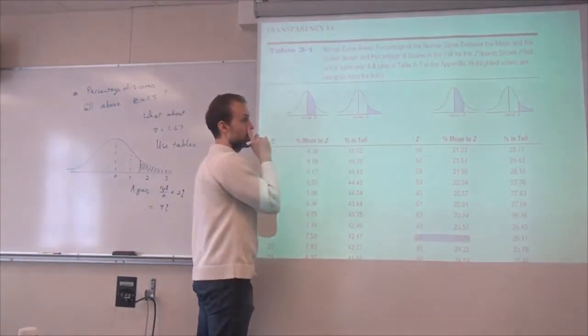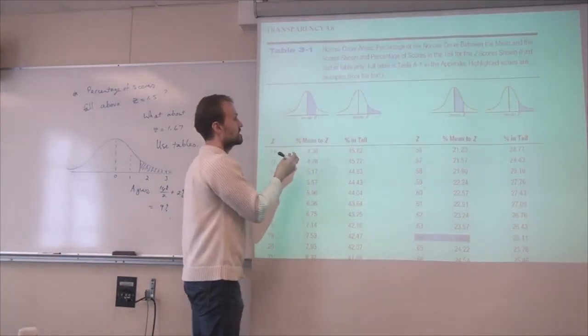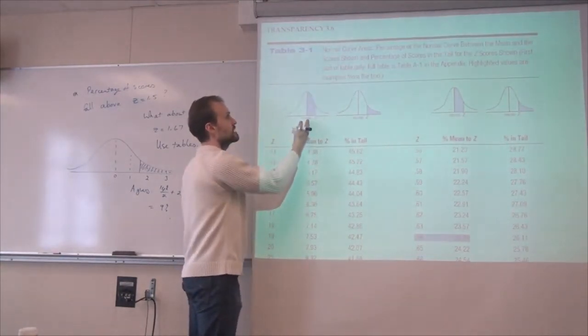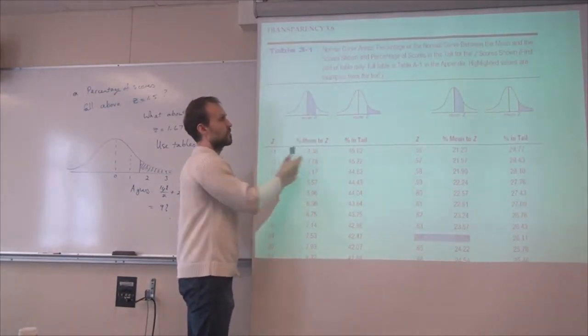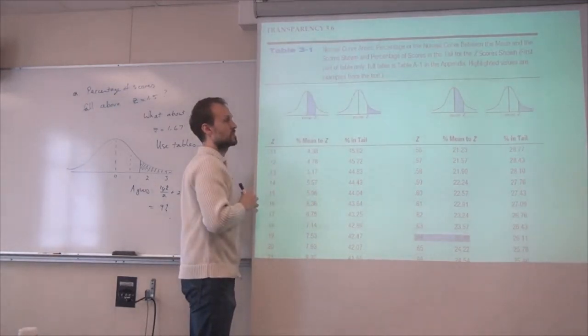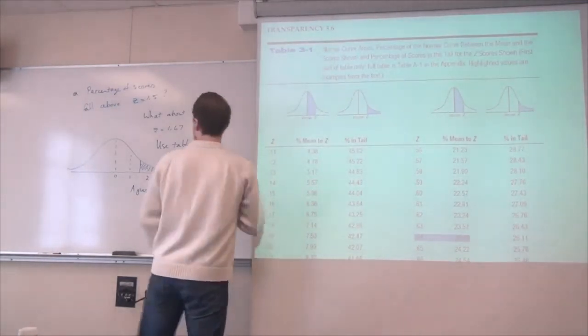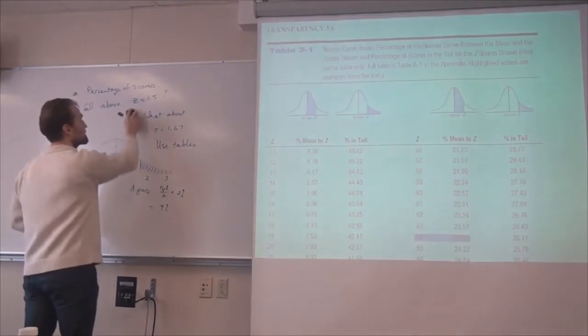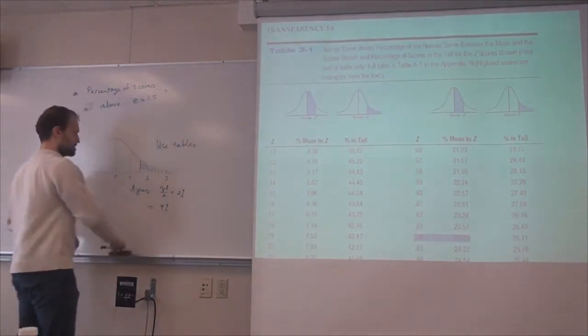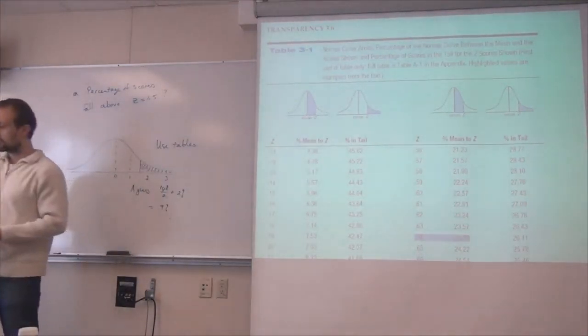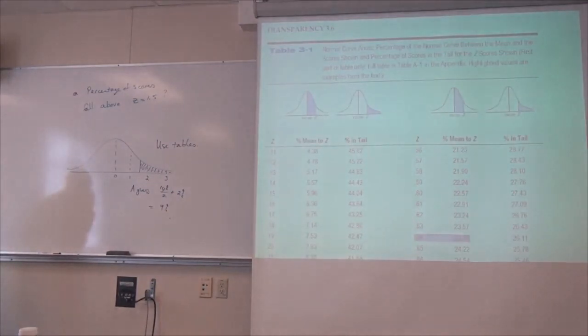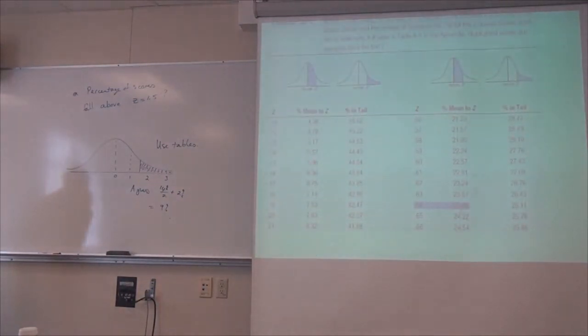And the other one that could be of interest is from the mean to a Z value. What percentage would that be? So in our case, let's look at 1.5. I'm looking for a Z value of 1.5. Now it's not in my table, of course it isn't.